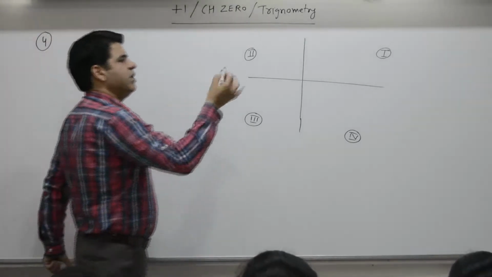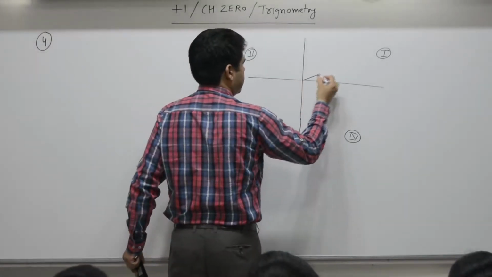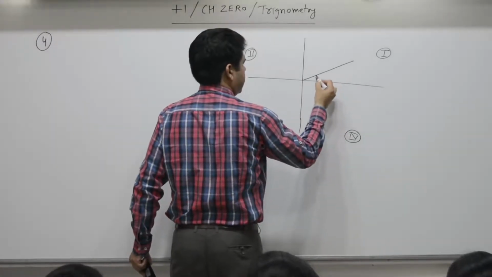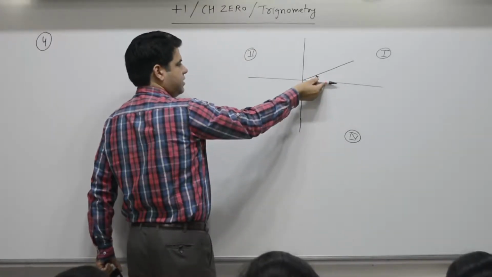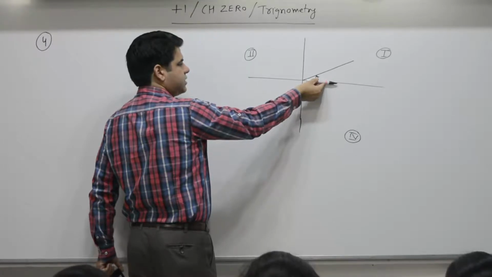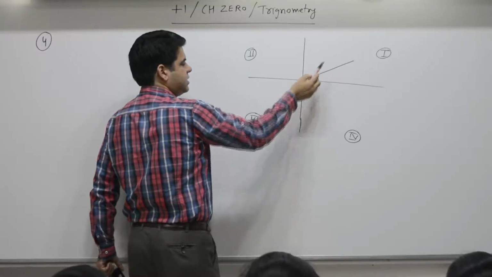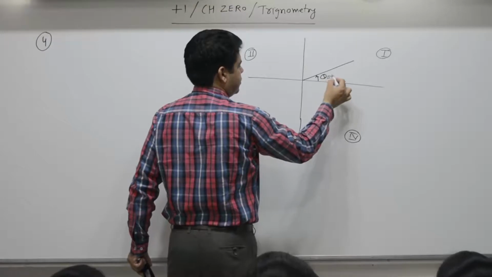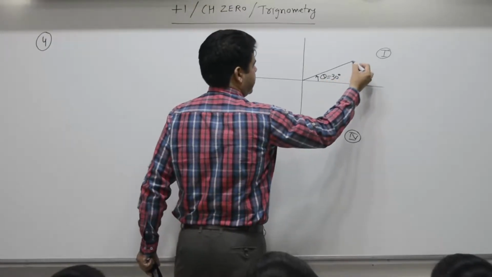So we take one value, say 30 degree. This angle, this line, starting from here, this is theta is equal to 0. When you turn it like this, theta is equal to 30 degree.